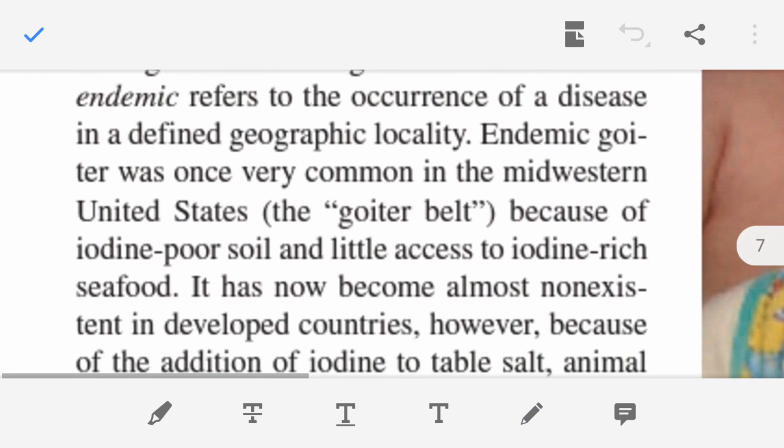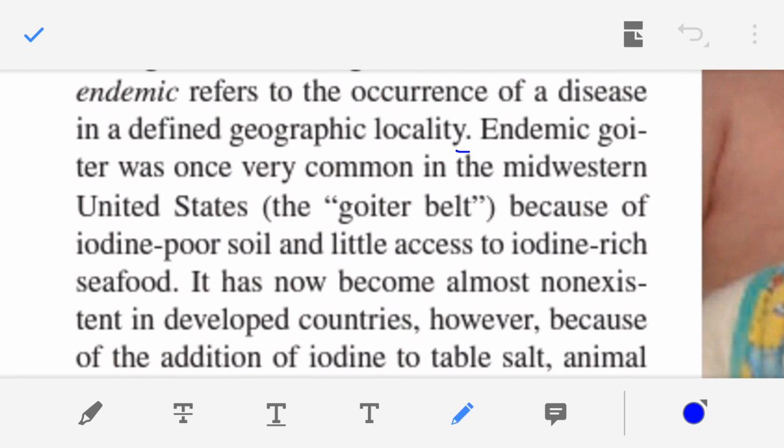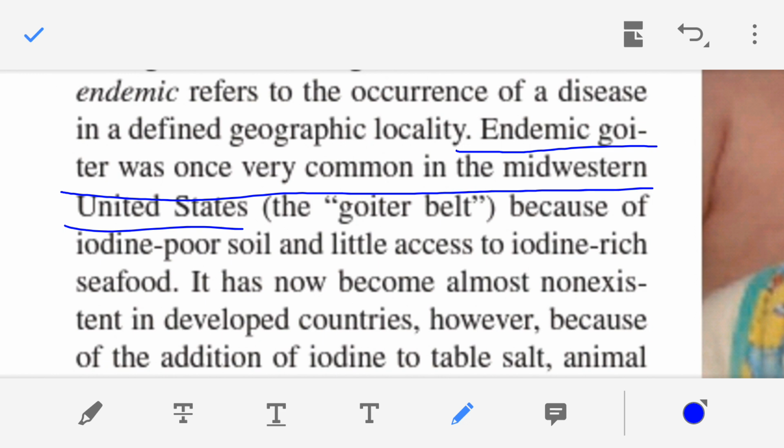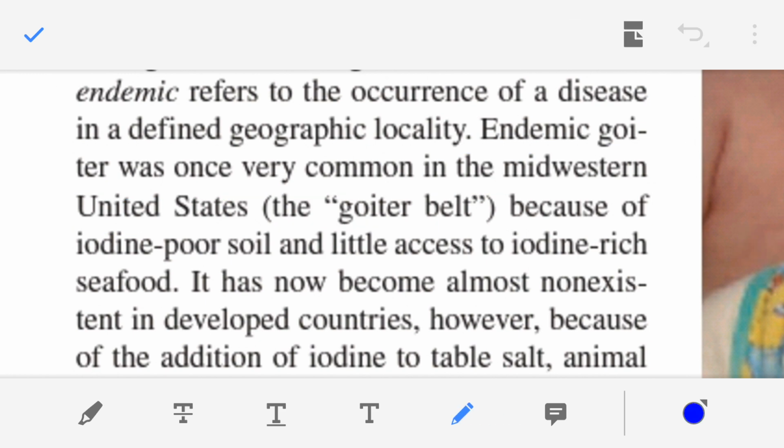Endemic goiter was very common in the Midwestern United States. This region, where more and more people were suffering from goiter, was known as the goiter belt. Why did so many people of the Midwestern United States suffer from goiter?